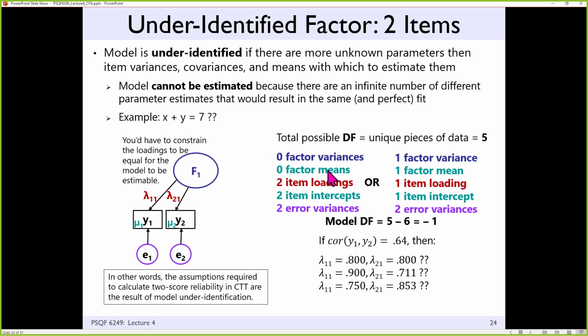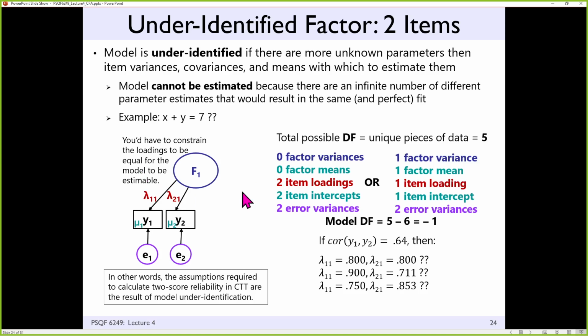I don't have any factor means because I'm going to fix the factor mean to 0, but then I'm going to estimate 1 loading for each variable, 1 intercept for each variable, and 1 error variance for each variable. 2 plus 2 plus 2 is, say it with me, 6. And how many do I have to start with? 5. So my degrees of freedom left over are -1. Not going to happen. So this is under-identified or not identified.